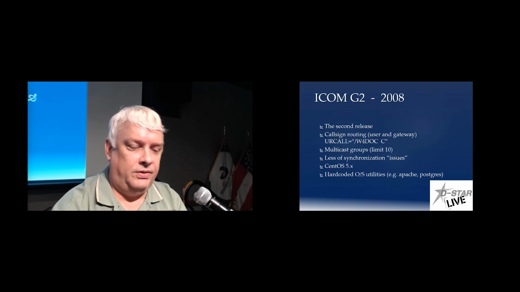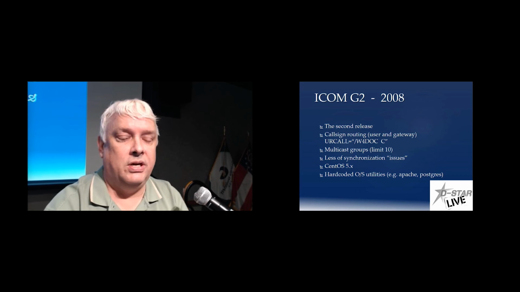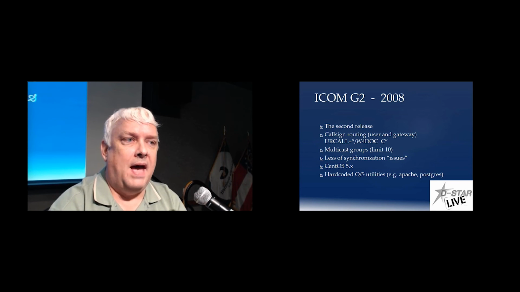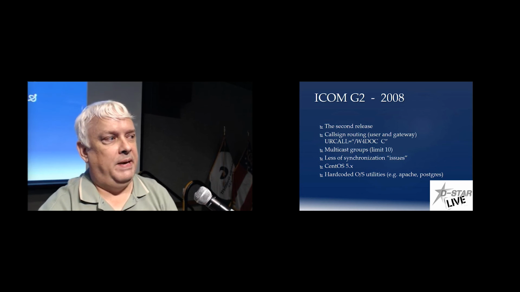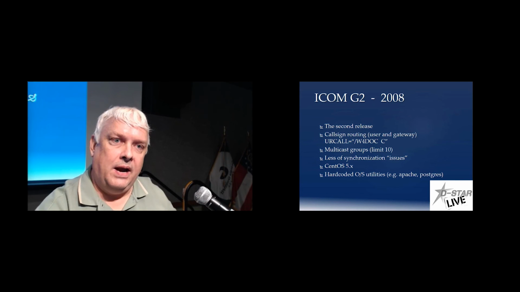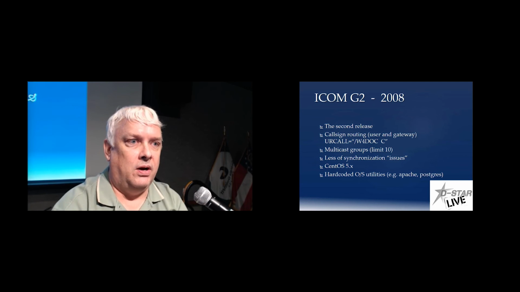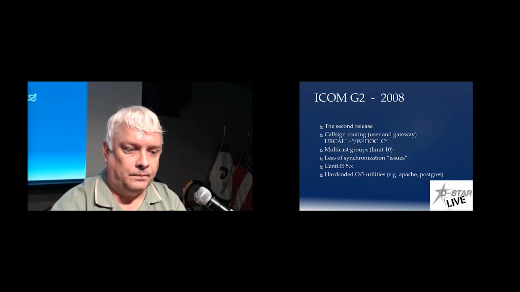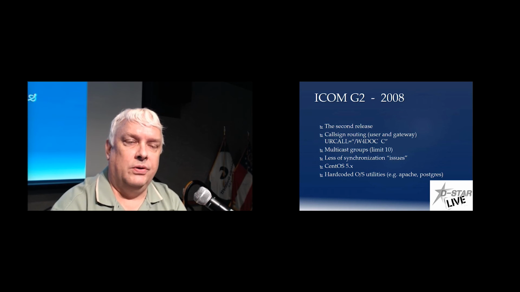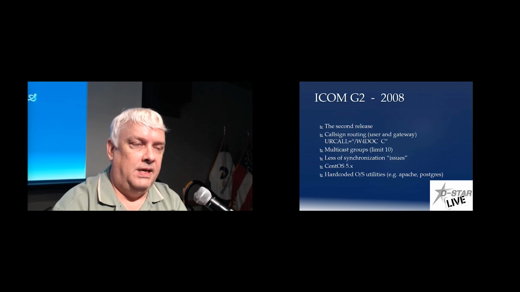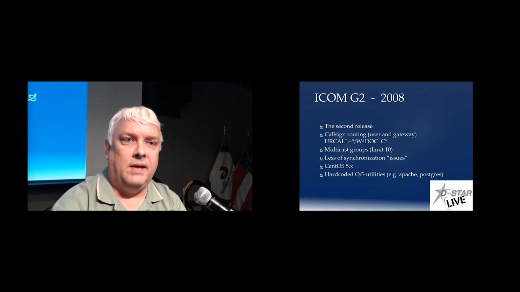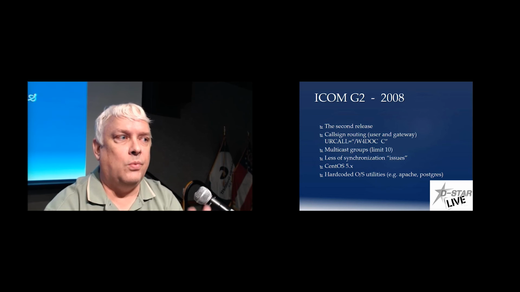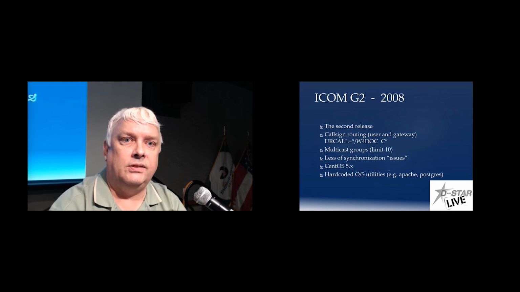In this example, you see W4DOC or /W4DOC space C, and that would allow me to be on a different repeater in the Atlanta area and have my voice come out on the W4DOC module C, which is the 2-meter repeater here. They did have multicast groups limited to 10, and as Ed mentioned earlier, they had to duplicate each stream going to whatever site the multicast supported.